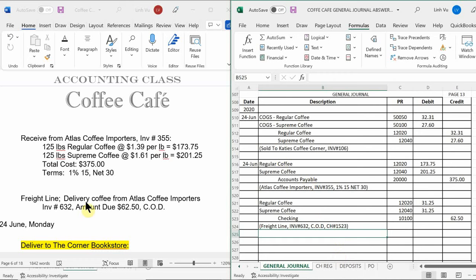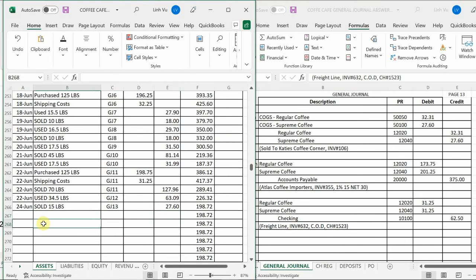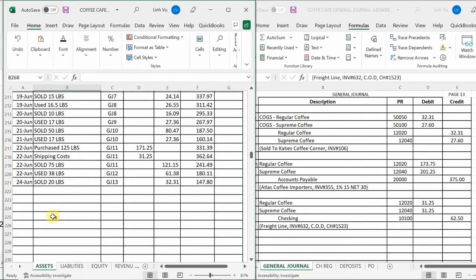Okay, so what's next? The ledger. Okay, so let's see what we have here. Regular coffee. So here we are in the regular coffee.